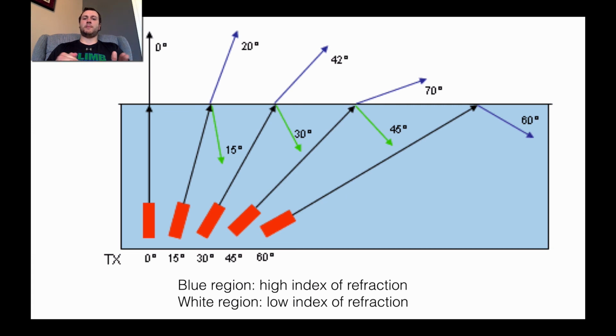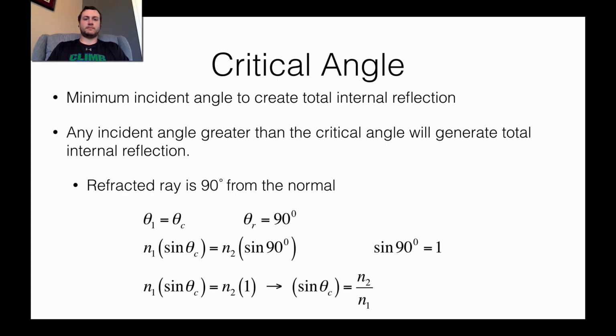As that light speeds up, it continues to bend more and more until it can't bend anymore, so it all gets reflected. How do we find this critical angle? We assume that when that light refracts, it's going to be perpendicular to the normal. So it's going to be 90 degrees, which puts it directly on the interface between the two mediums. If you look through the proof on this here, your theta 1 is your critical angle. Your refracted angle is now defined to be 90 degrees.